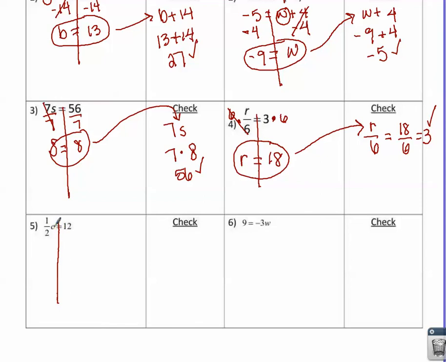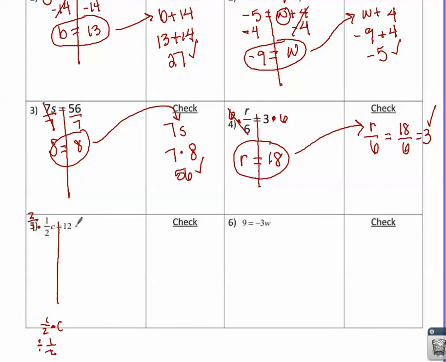1/2 times c equals 1/2. Anytime you have a fraction like this, you're going to multiply by the reciprocal, because that's what we do when we divide fractions. Instead of dividing by 1/2, when we divide by fractions, we keep, switch, flip, so you're actually multiplying by the reciprocal.